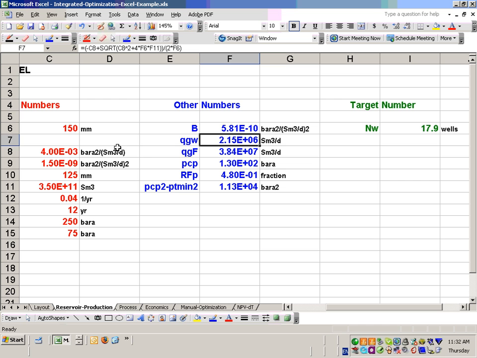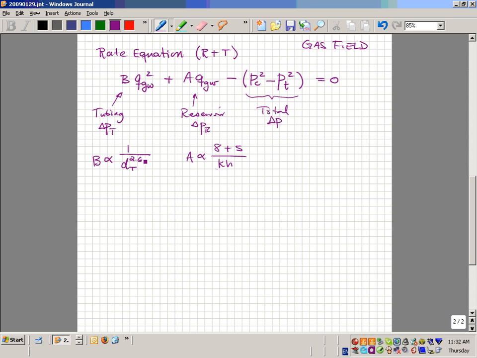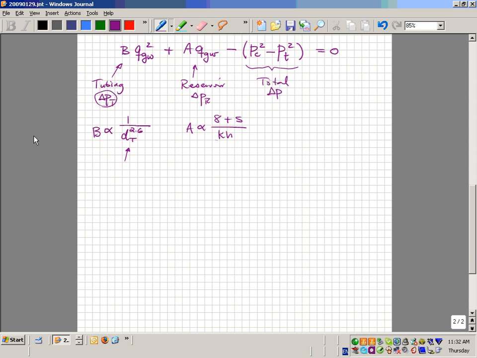I've got 2.6. So there's a strong first order effect of tubing diameter on the tubing pressure loss. First order effect, KH. First order effect, skin.